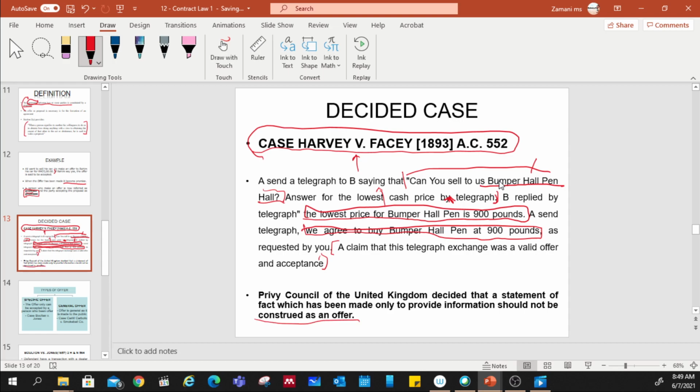So there is no offer made here. You can try to look up this case on YouTube. It's clear that based on this statement there is no offer. This was only to answer A's question, which is the price of the hall pen. So this is about whether the offer is there or not.